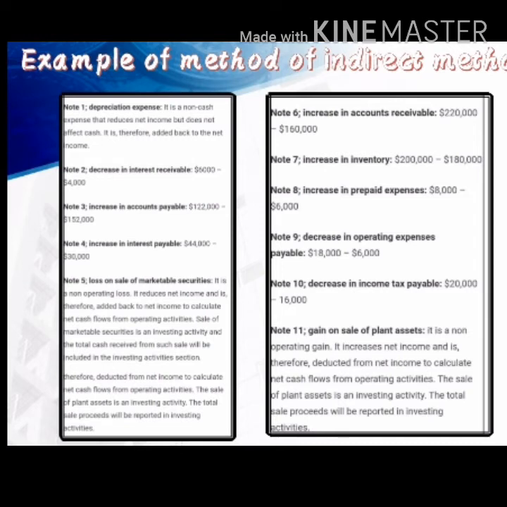The sale of plant assets is an investing activity. The plant assets are long-term fixed assets that are being used to make or to sell products and also to render services for a company. And also these are assets that are tangible, no?